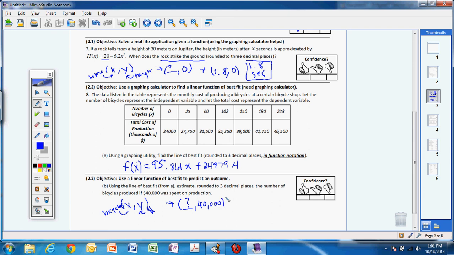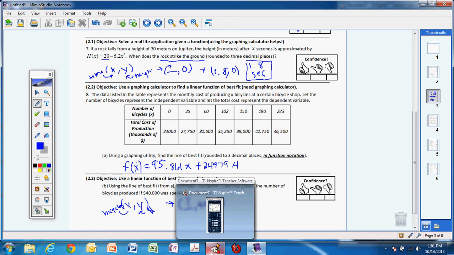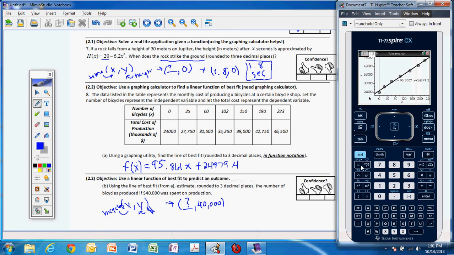Now I need to actually put that line of best fit on a graph. If you go back to your graphing calculator, you are going to open a new window, which again is Control Doc, and we want to go to number 2, Add Graphs.